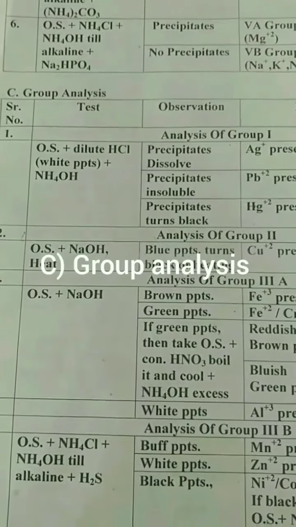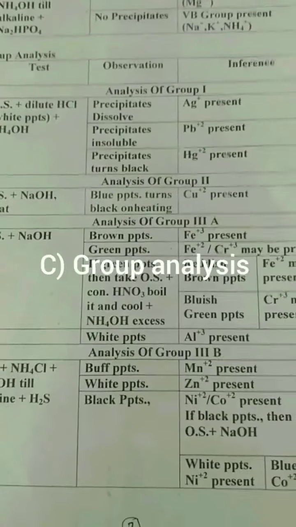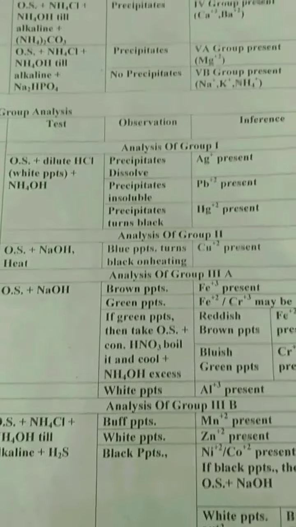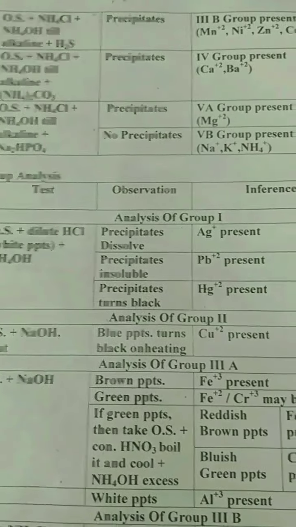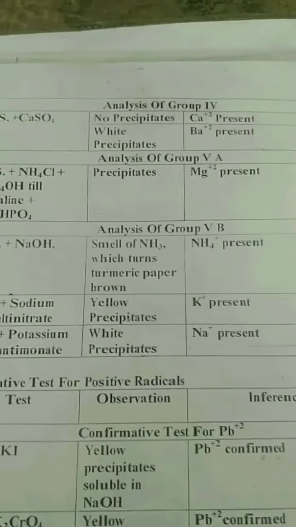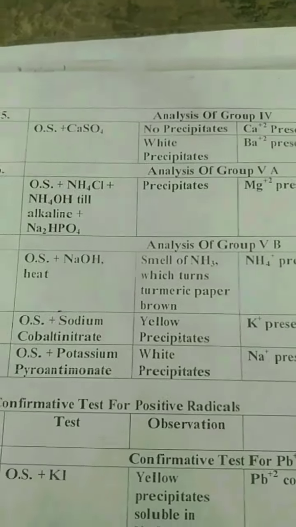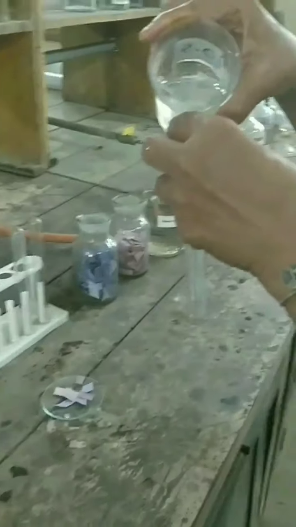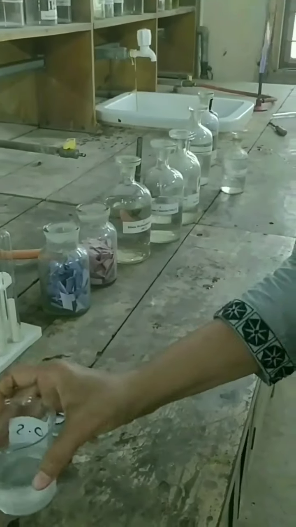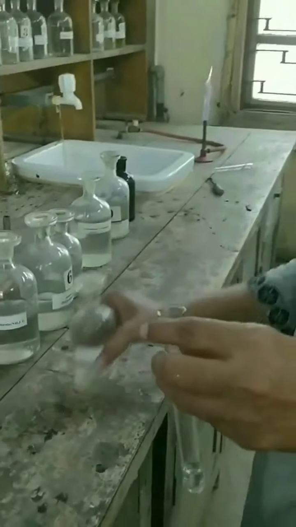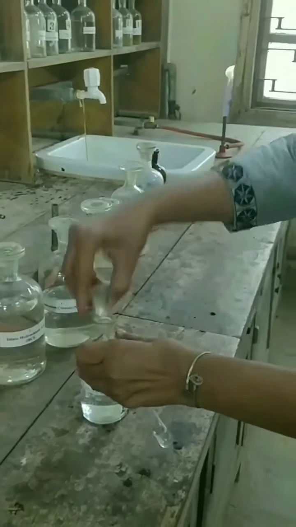The C part, that is group analysis. So in this, as we have found the precipitates in group 4, so we will do the analysis of group 4. We will take OS in a fresh test tube. To this we will add calcium sulfate, CaSO4.